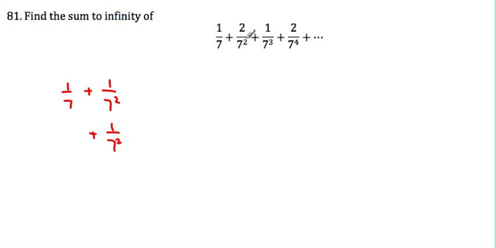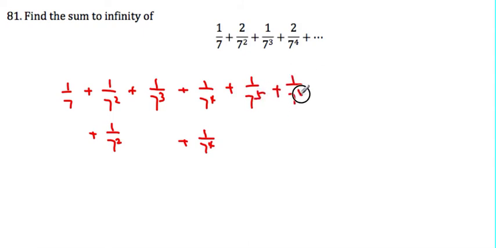That's how we can describe 2 over 7 squared. And the third one is 1 over 7 to the 3rd. And then the fourth one is 1 over 7 to the 4th plus 1 over 7 to the 4th. Next one would have been 1 over 7 to the 5th. And the next one, even though it doesn't show, would have been 1 over 7 to the 6th plus 1 over 7 to the 6th power, and so forth and so on.